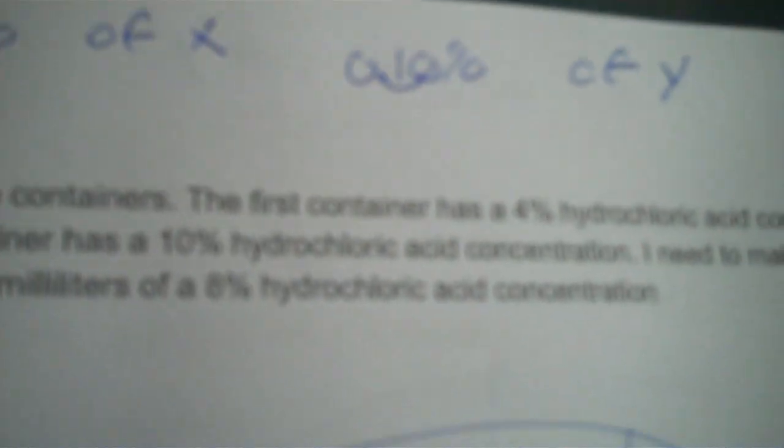Okay, then I put of. So here I make my percents into decimals, all the percents I have. And like I said, on the previous problem, we only had 2, so I didn't add them, I just deleted that. Okay, so 0.04, 0.10, and 0.08. Now x, y, and 30. Because it clearly says of on each one.